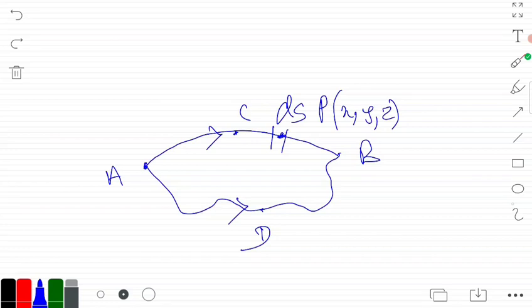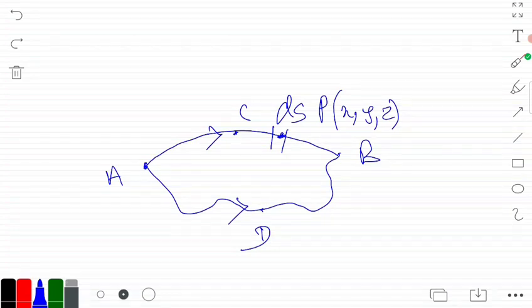So the distance traveled by the light in going from A to B via any path, suppose this is the C path and this is your D path, is such that it always corresponds to the one for which the time is an extremum.